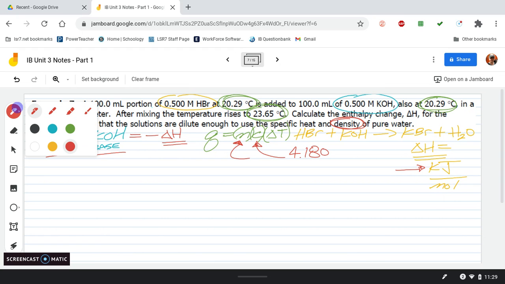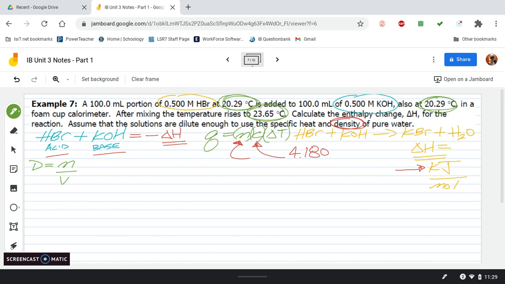Density is mass divided by volume. Okay, well, density has a mass. So if we have density and we have volume, we can get mass. Well, the density of water is 1.